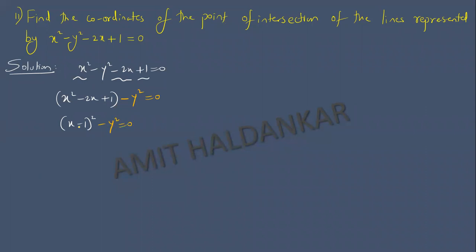Now this looks like a square minus b square is equal to 0. Now what is a square minus b square? This is your a and this is your b. So a minus b into a plus b is equal to 0.